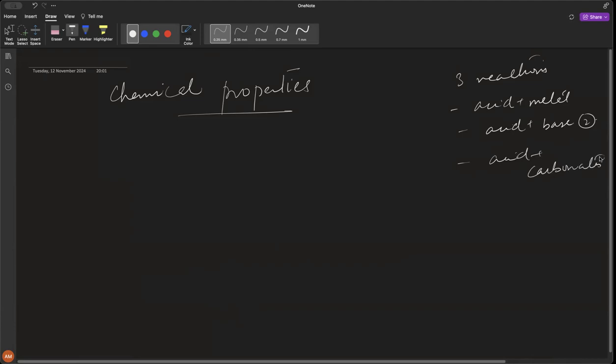These are the three reactions that we would have to study as chemical properties. I've written this just to create a mind map for you so that it is easily understood and you are easily able to recall the things.